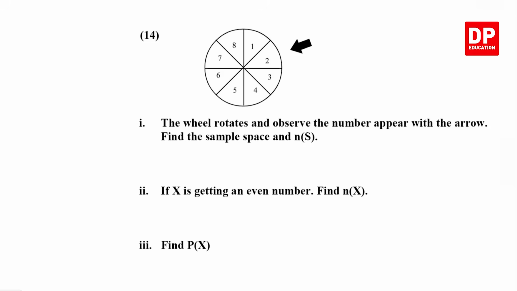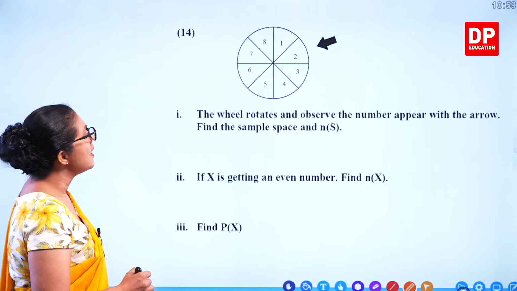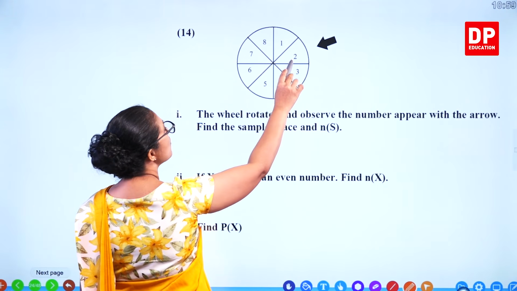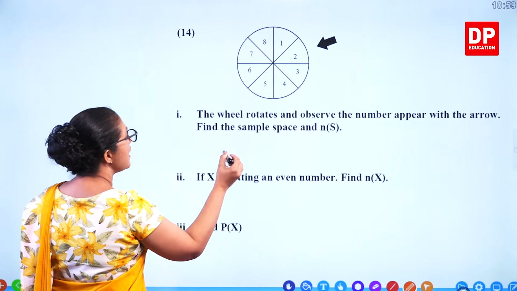Look at this spinning wheel. The wheel rotates and observe the number that appears with the arrow. Find the sample space and NS. So what are the possibilities you can get? You can get 1, 2, 3, 4, 5, 6, 7, 8.